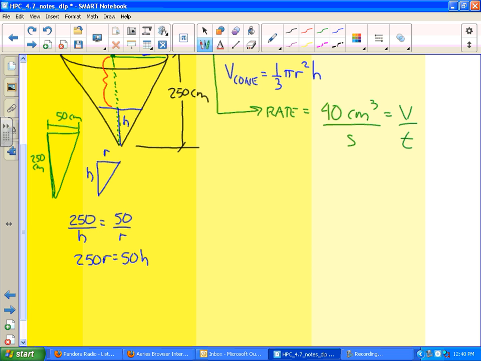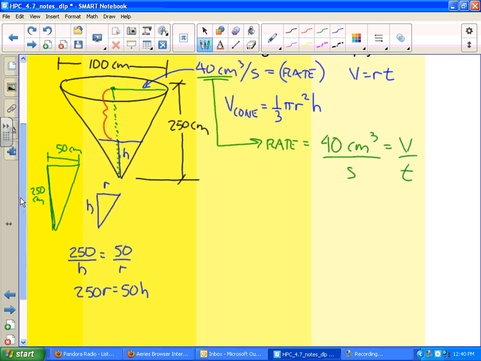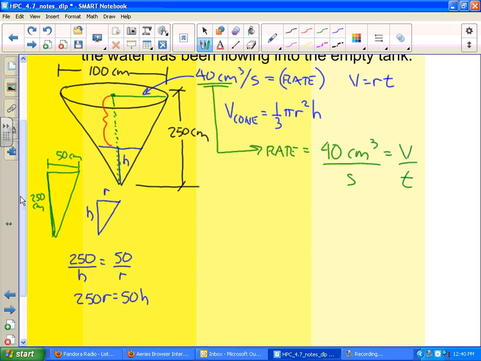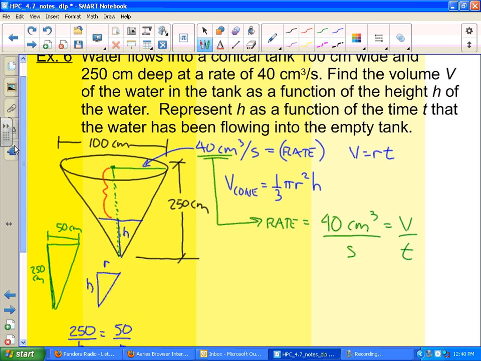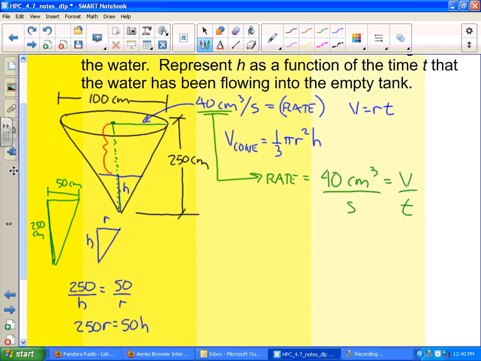And now here's the trick on this one. Do we want to solve for r or do we want to solve for h right now? Got some H people? Got some R people? What's our ultimate equation supposed to be, H in terms of time?